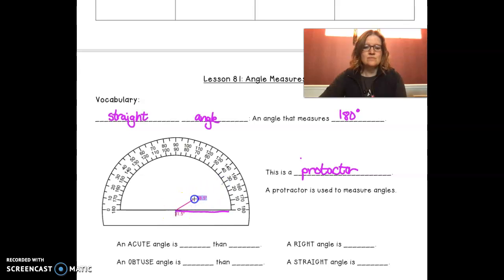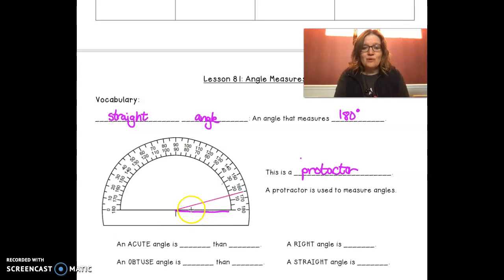So we have a beautiful line right there. And if you notice, we can adjust it. So the measure of the angle is this little piece right through here. That is the measurement.